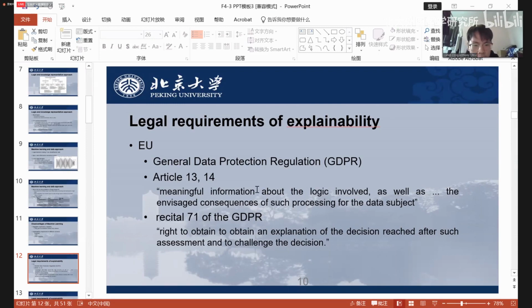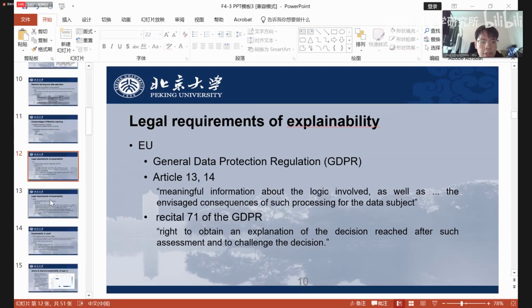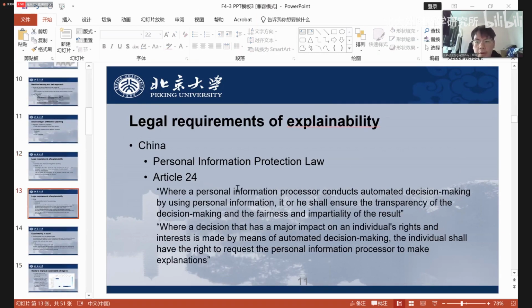And there is Recital 71 of the GDPR. It says the customers and the users have a right to obtain an explanation of the decision reached after such assessment of the decision by AI. We can also see a similar requirement in China, in the Personal Information Protection Law, Article 24.